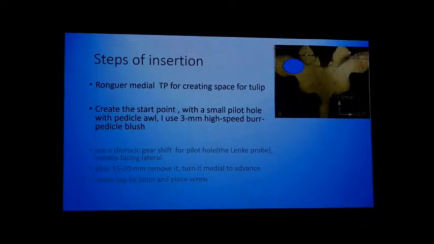So you should do it in a systematic manner. First you rongeur the medial aspect of the TP. This creates space for the tulip, and then you create the start point, using the landmarks which we described earlier, the anatomical start point. You can make it using an awl or I prefer a 3 millimeter burr. So you see a pedicle blush, and you can see the start point.